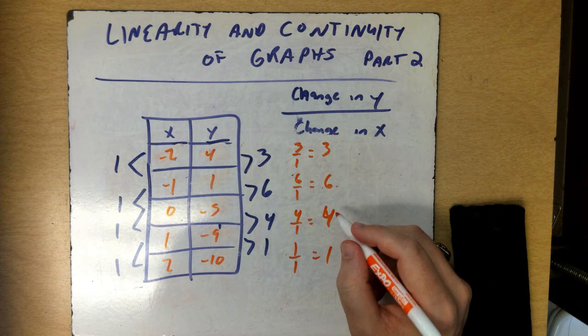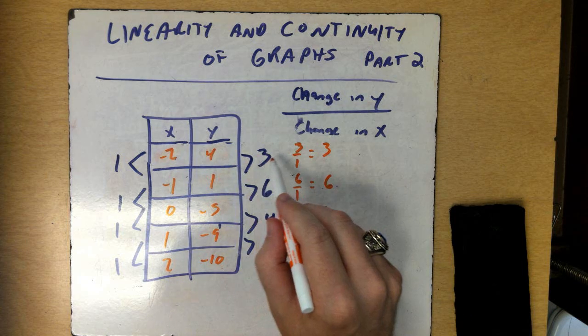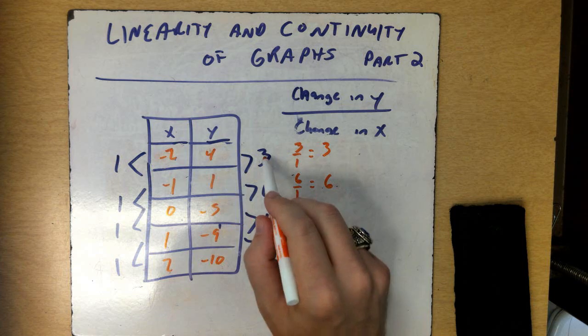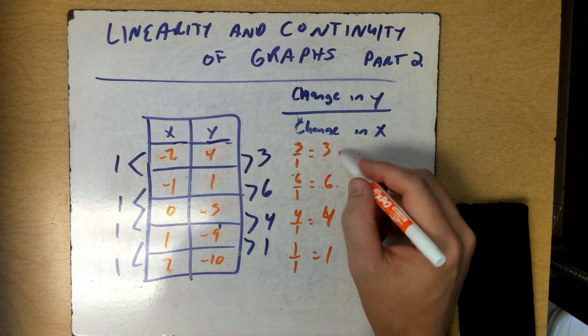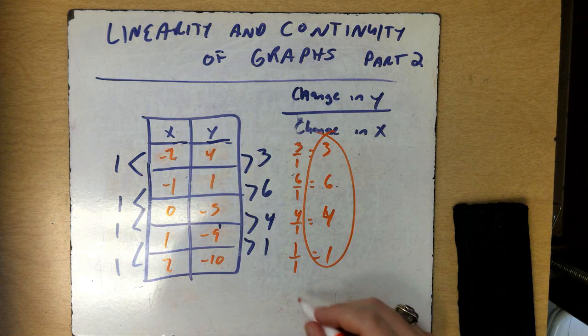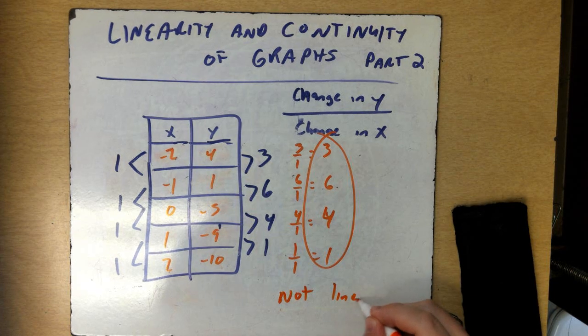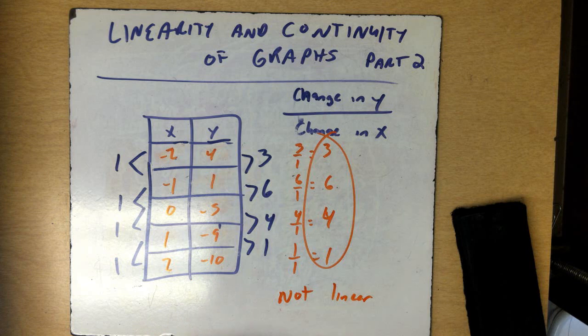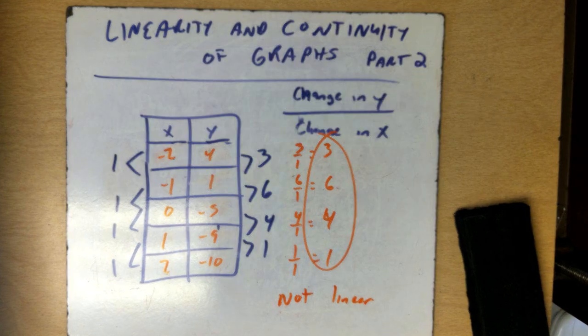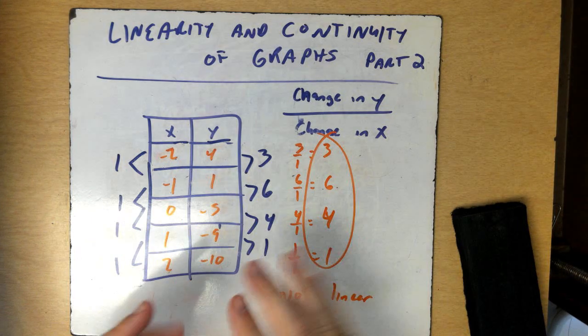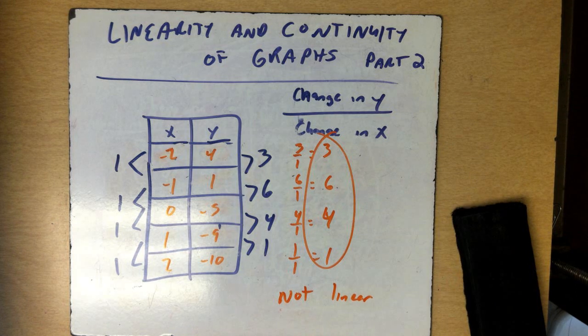All these numbers are different, which means it's not linear. That's what I mean by constant: it has to be the same, consistent each time. It has to change the same amount for it to be linear.